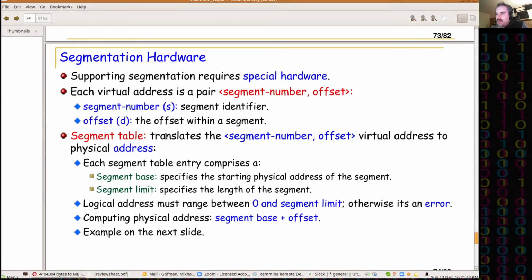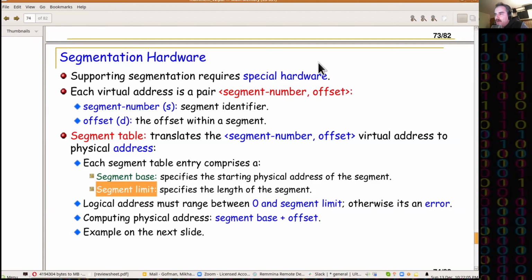A segment table is a data structure that is indexable by the segment number, and each location in the segment table contains two things. First is the segment base, which contains the physical address of where the segment starts in physical memory, and the segment limit, which is how big that segment is.